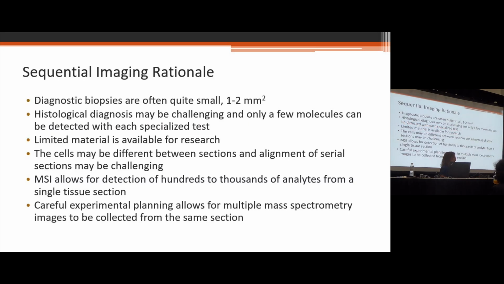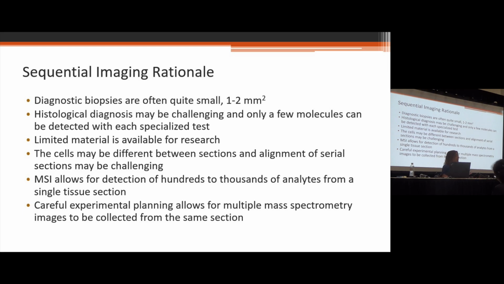So just start out with some rationale behind why we might want to do sequential imaging. Typically, diagnostic biopsies are quite small. They may be on the order of only 1 or 2 millimeters in the case of pinch biopsies, non-invasive diagnostics. And because these are so small and they might be squished and distorted, sometimes the histological diagnosis can be challenging, and other specialized tests are needed, but only a few molecules can be used on each section with these specialized tests like immunohistochemistry.